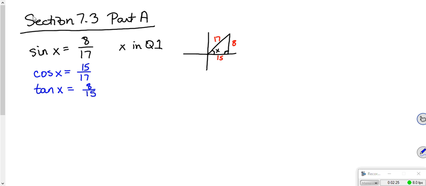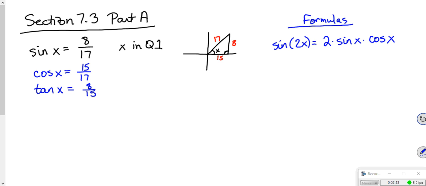Now again, we're going to need these double angle formulas. So let me put the formulas over here quickly. The formula for sine of 2x is 2 times sine x times cosine x. That's the double angle formula. Cosine of 2x has 3 different formulas that will give you the same result.